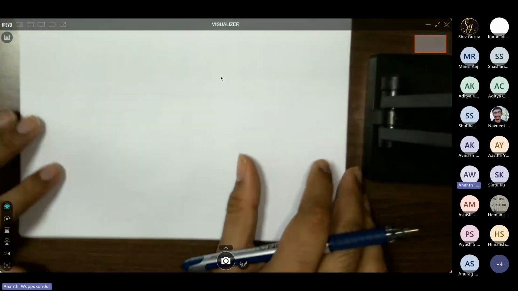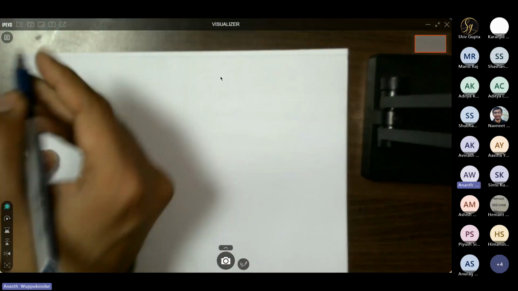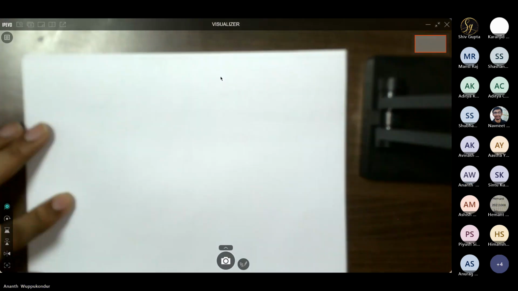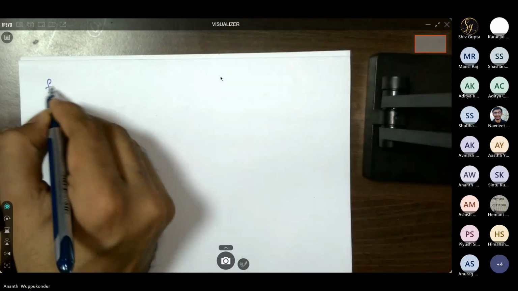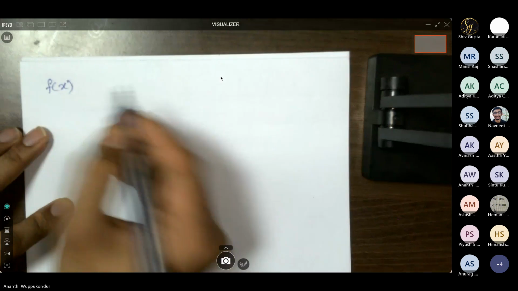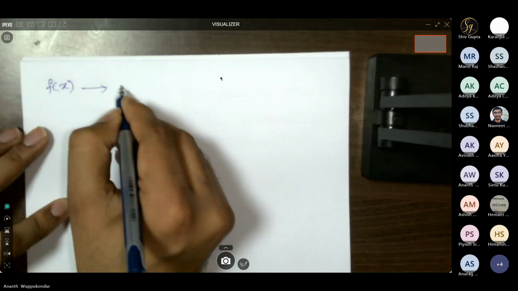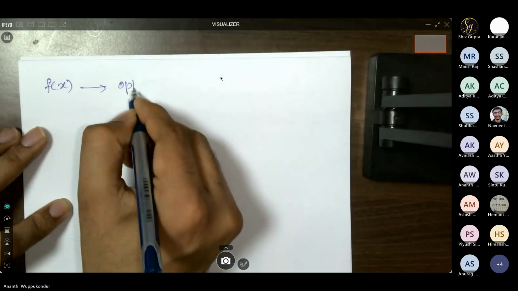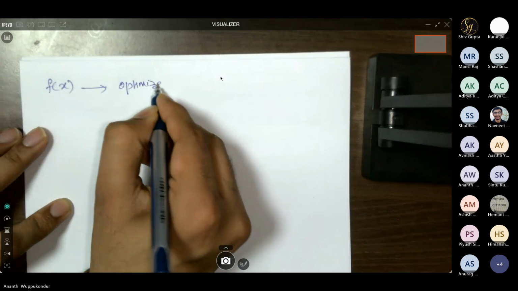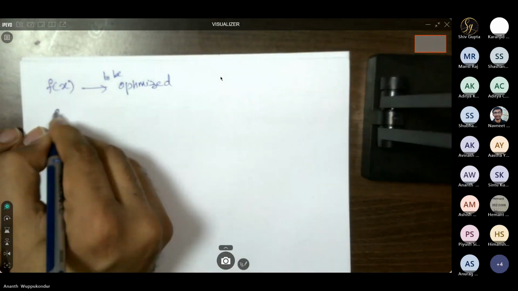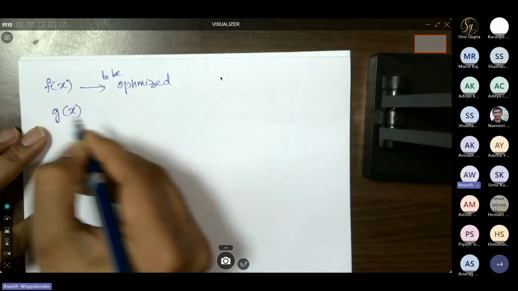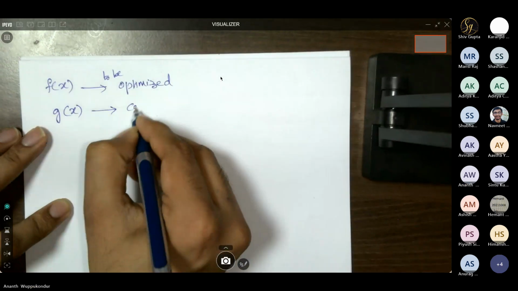So let us say the function that I want to optimize is f of x, and let us say I have a constraint g of x.